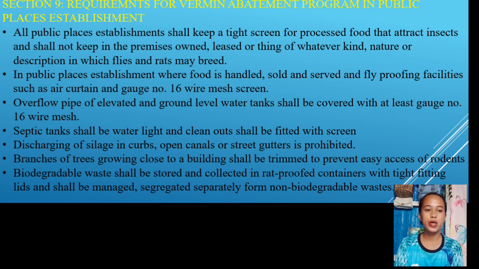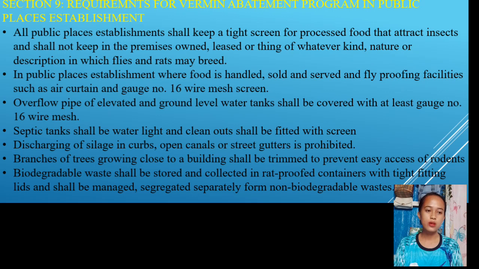So, overflow pipe of elevated and ground level water tank shall be covered with at least gauge number 16 wire mesh. Septic tank shall be water tight and clean outs shall be fitted with screen. Discharging of sewage in curbs, open canals, or street gutters is prohibited.